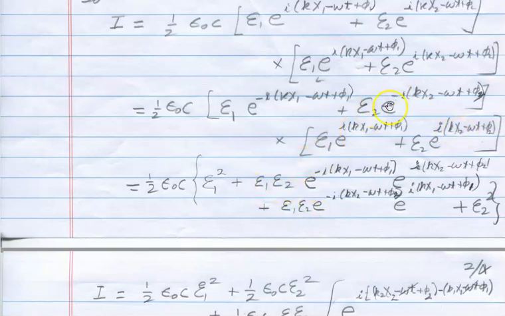Then I take the second term times the first term, so I get another cross term, but now I get the minus on the first one. And then finally, the second term times the second term. Again, that just gives me E2 squared.